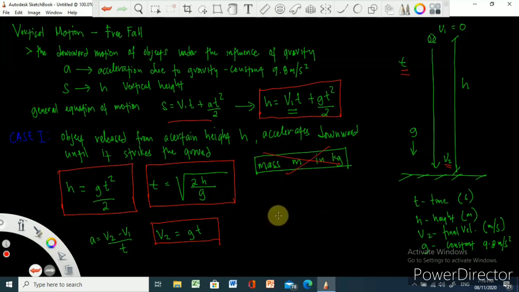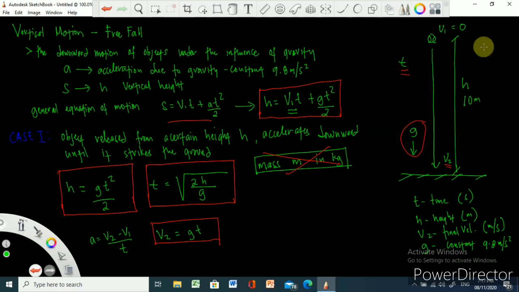Okay ba yun? So, since walang mass dyan, ibig sabihin, walang bearing yung mass kung gaano man siya katagal or kabilis babagsak. Whether it is heavy or light, all objects will accelerate at this rate. Okay? So, pag naglagay ka dito ng ball, you drop it from a certain height. Let's say, you drop it from 10 meters.